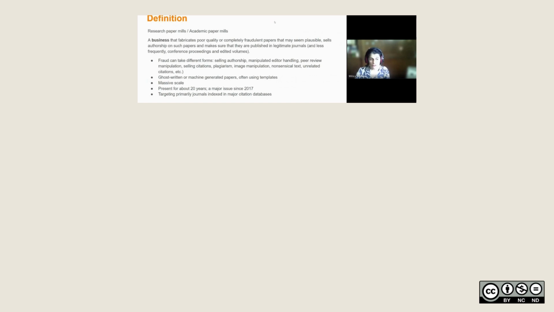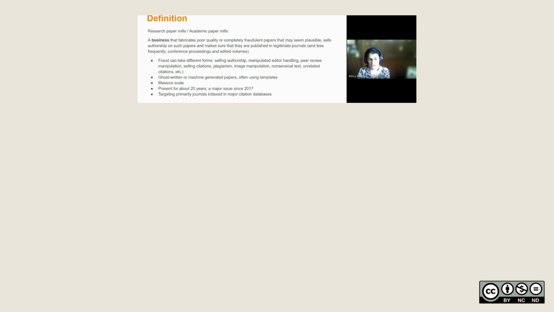The definition of paper mills, so you see now, you know the symptoms, you know what happens. So there is a fraud, there are fake articles, fake data, fake images, fake citations, even fake peer review. And as a result, when it's discovered, journals get delisted and even totally discontinued. Paper mills are basically businesses.